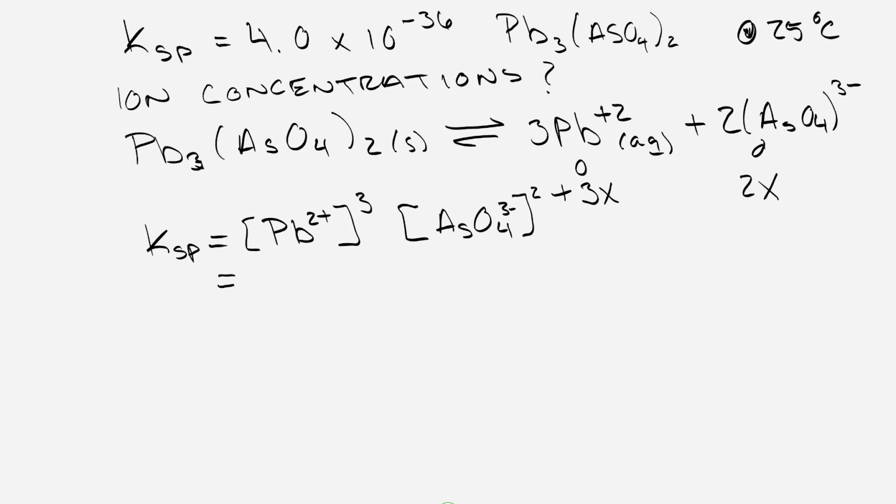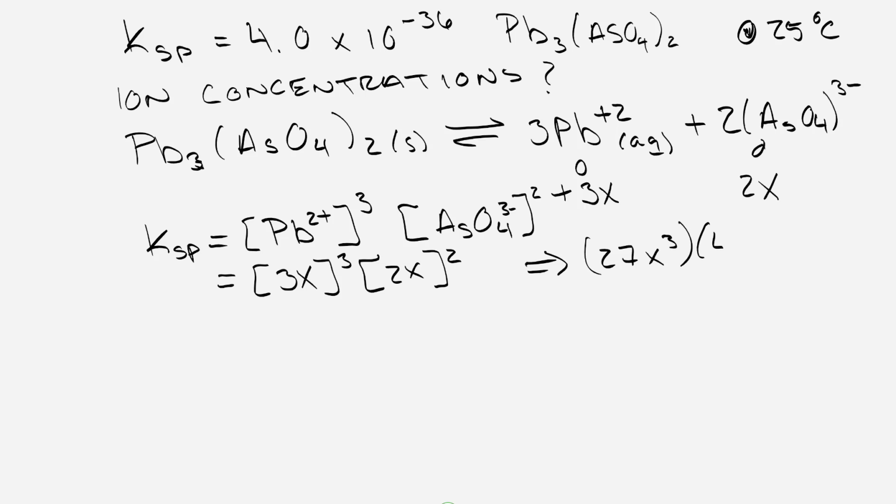Now let's put in our x's. So we have 3x cubed times 2x squared. Cool. Let's simplify that out. So 27x cubed times 4x squared.